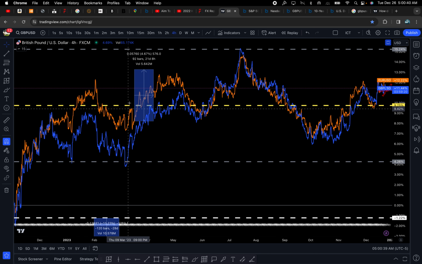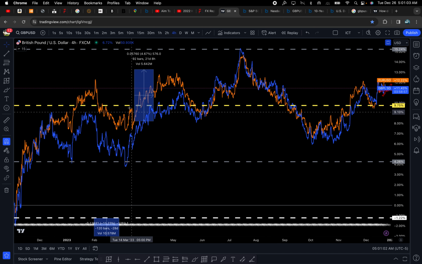it's basically confirming this low. In other words, when price breaks above this, that's a market structure shift, and that confirms this low as a valid, significant, strong low.